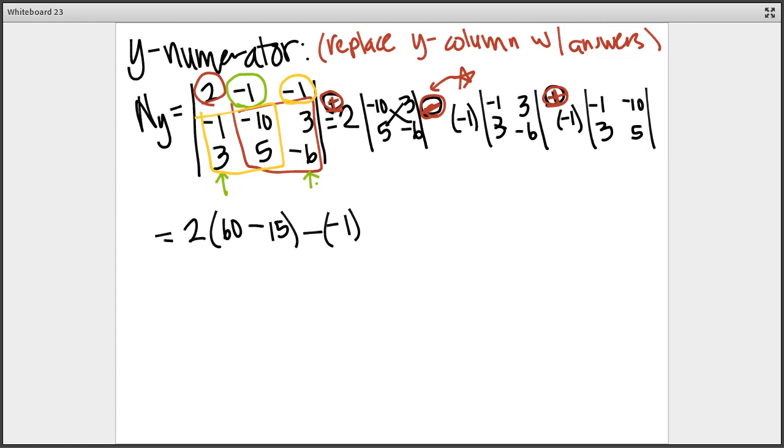All right, so I'll make it a +1, and then we go down the diagonal. -1 times -6 is a +6, minus 3 times 3 is 9. And then we have a plus with a -1, and then -1 times 5 is a -5, minus -10 times 3 is a -30.